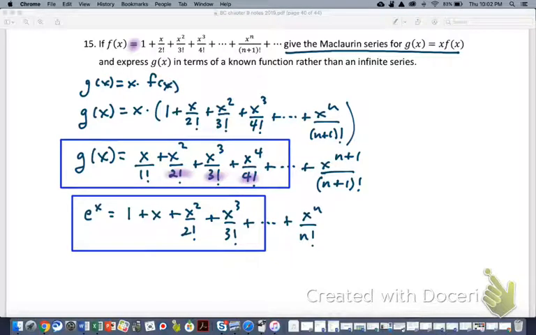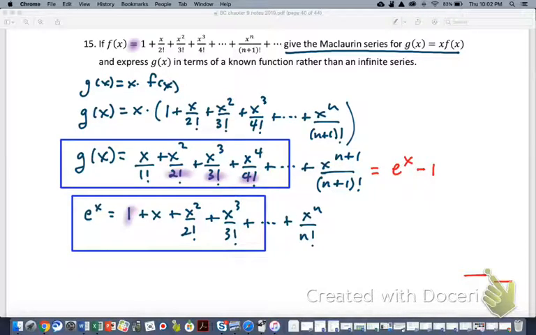It's this 1 right here. For my g of x function, that 1 is not there. So all that really means is that my g of x is equal to e to the x with the 1 taken off. So this would just be equal to e to the x minus 1.